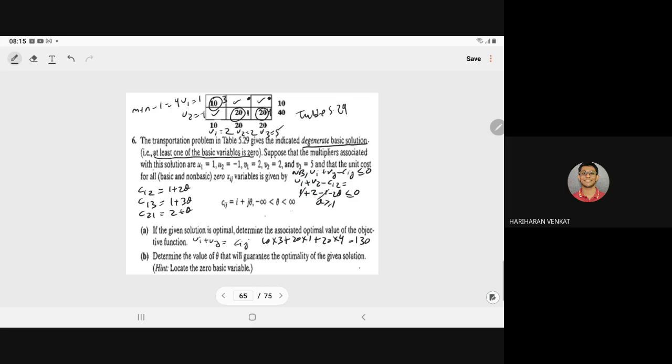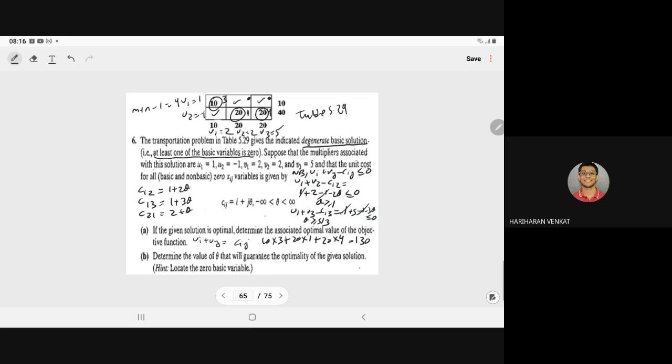Similarly, if you compute u1 plus v3 minus c13, u1 is equal to 1, v3 is equal to 5, and c13 means minus 1 minus 3 theta, must be less than or equal to 0. So theta must be greater than or equal to 5 by 3.